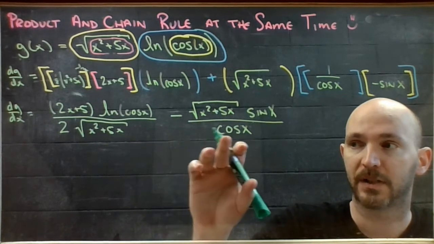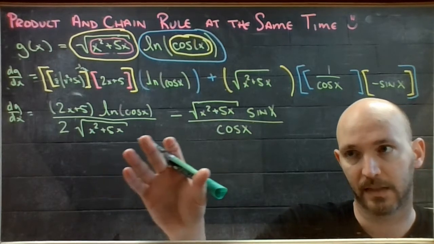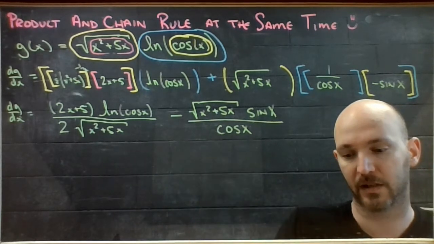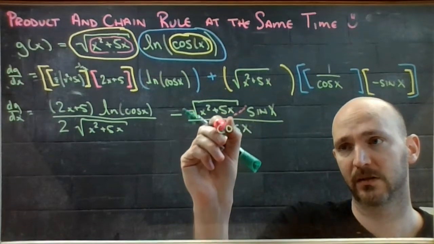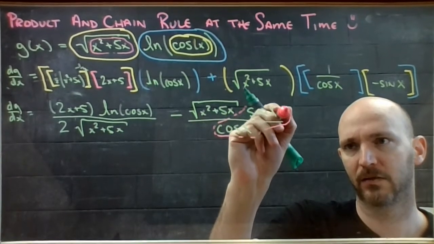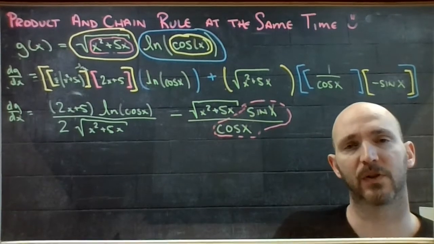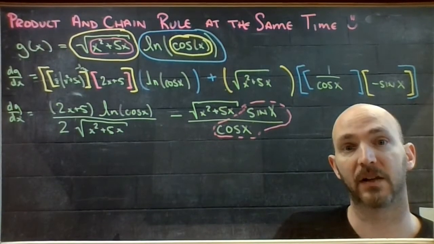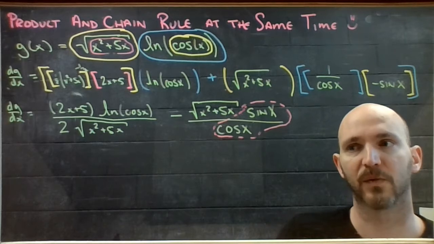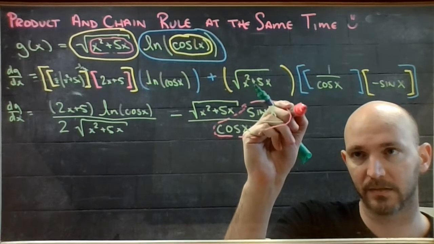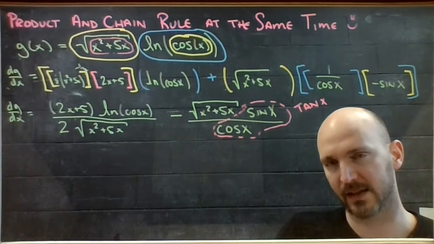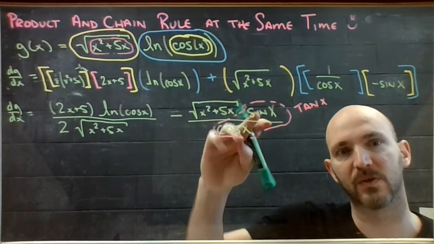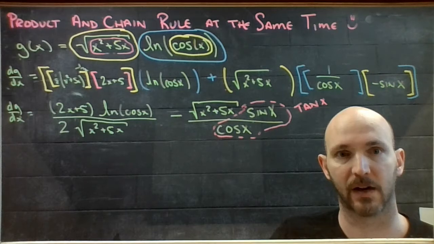over cos x. Now I could get a common denominator here, right? I'm going to pull a little dirty trick here on you first though. Do you notice that you have a sine x over a cos x? That's one of your trigonometric identities. Sine over cos is tan. So I'm going to pull that substitution because it's going to reduce the number of functions I have wriggling around in here.